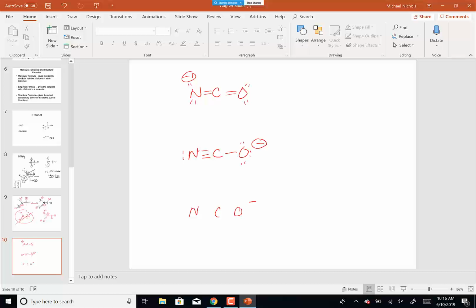Okay. Is that one okay? All right, no violations of the octet rule. Formal charges are correct. Everything adds up to what it should. Okay, does anybody have a third one that's different?